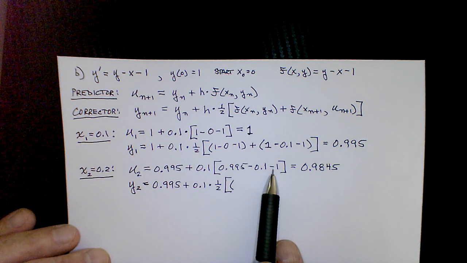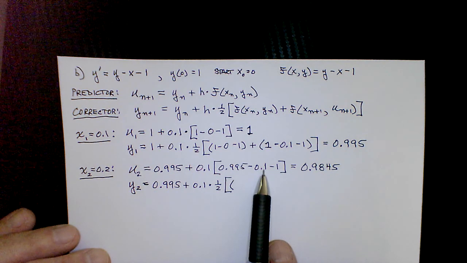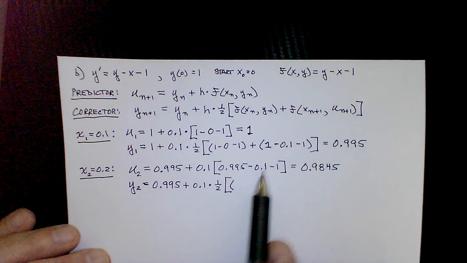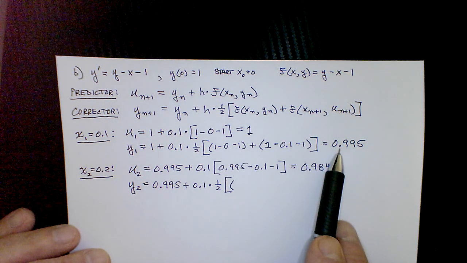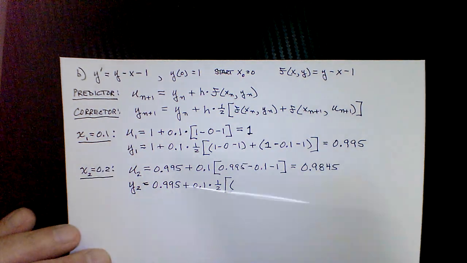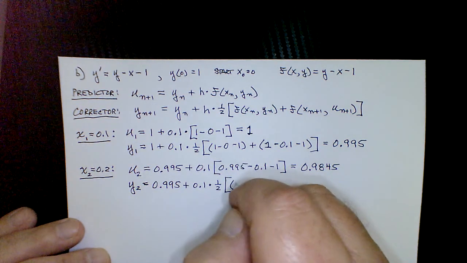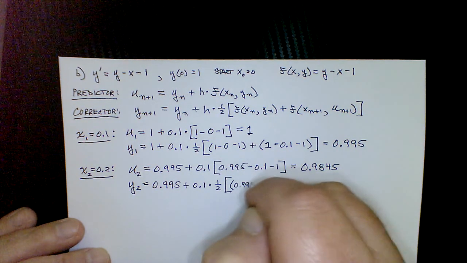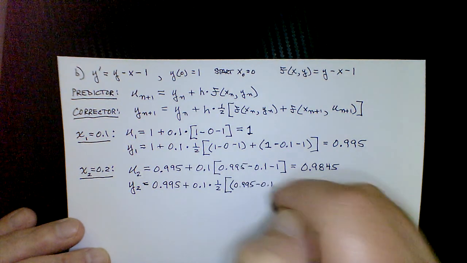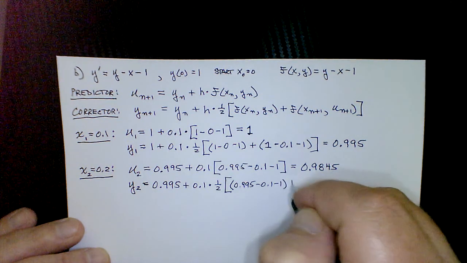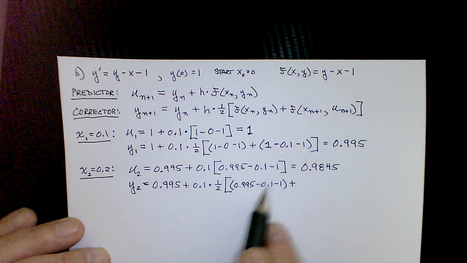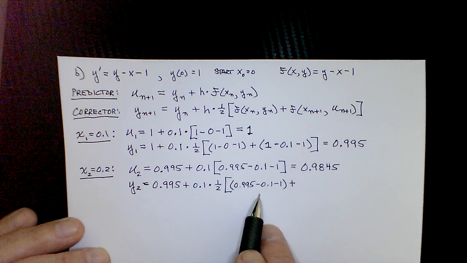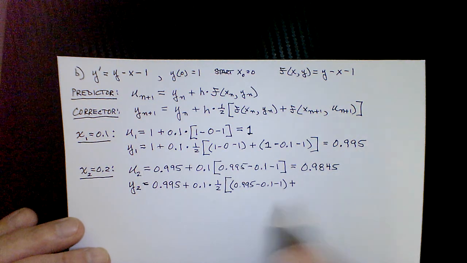So you don't really need to think about it again. I mean, if you wanted to, you could say to yourself, okay, it's the previous x, y values, so that's the 0.995 for y and the 0.1 for x. 0.995 minus 0.1 minus 1 was part of the formula. Or once again, you could just look back at this value here, and that's exactly what it's going to be, the same. It's never going to change. It's always going to be that way.